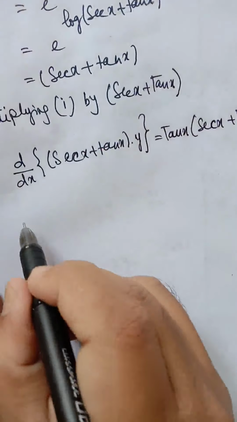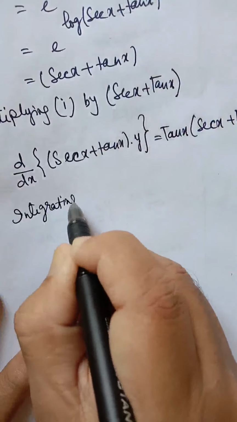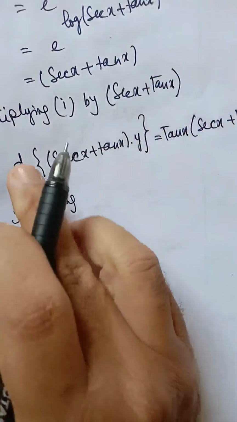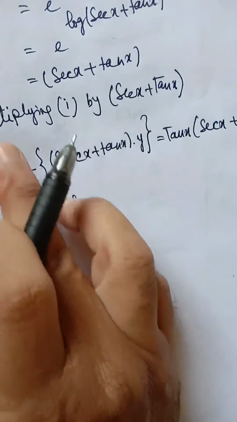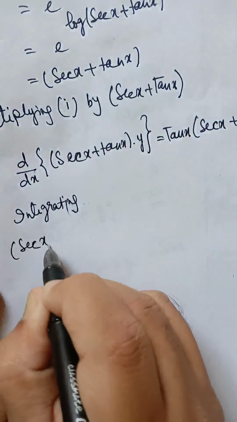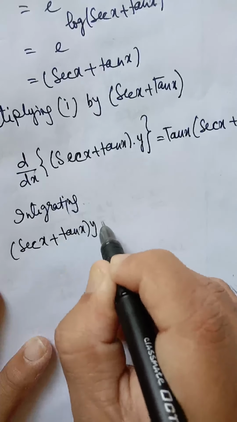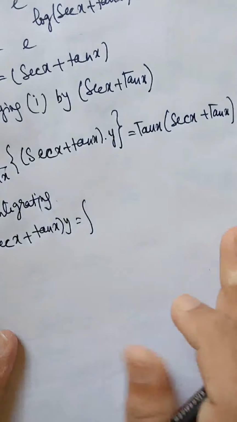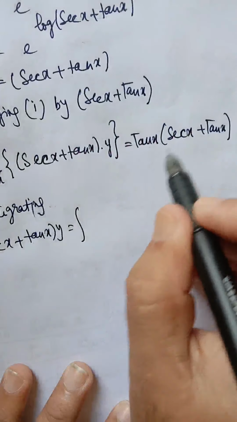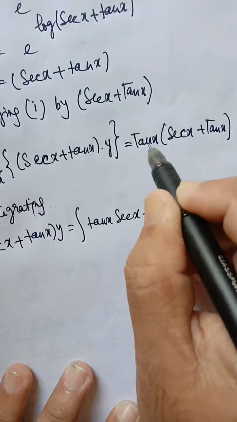Now integrating, if we integrate, integration and differentiation will get cancelled. So our left hand side will be sec x plus tan x into y, and our right hand side will be integration of tan x into sec x plus tan x into tan x.